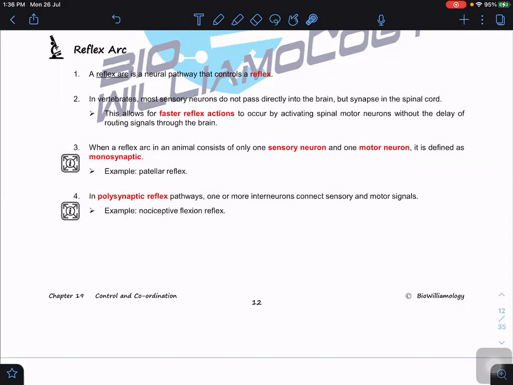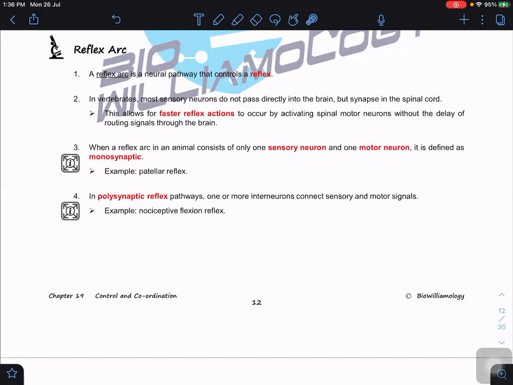So the reflex arc is a neural pathway that controls a reflex. Most sensory neurons do not pass directly to the brain, but synapse in the spinal cord. This allows a very fast reflex action to occur by activating spinal motor neurons without the delay of routing the signal through the brain.